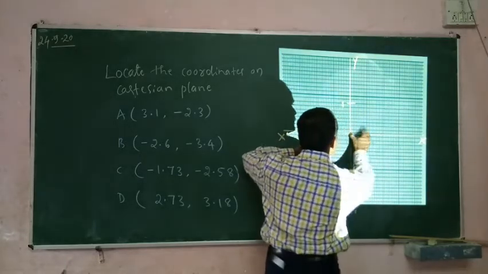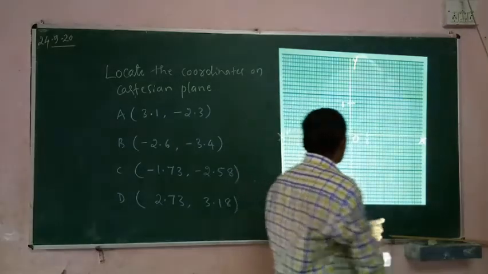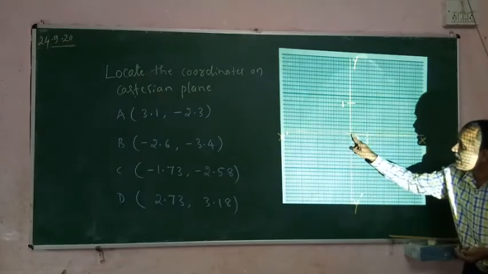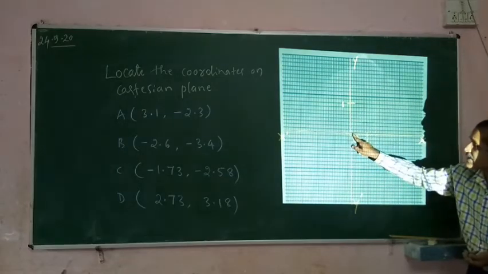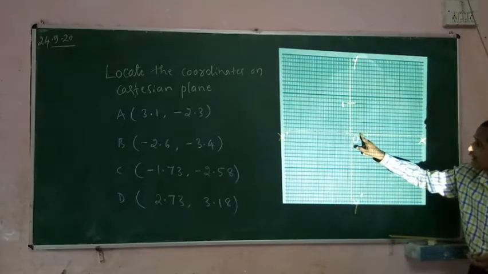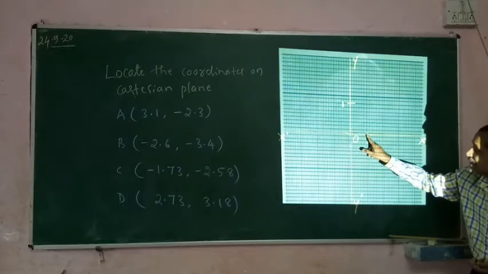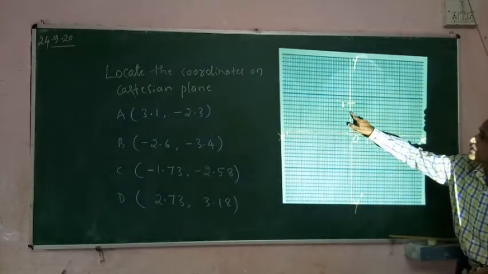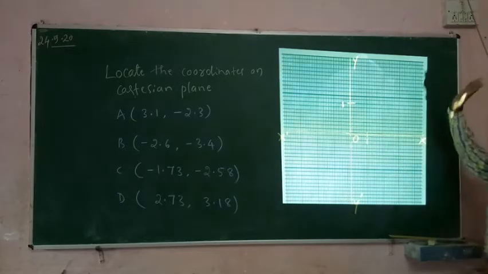In between these, there are 10 sublines: 1, 2, 3, 4, 5, 6, 7, 8, 9, 10. Here also 1, 2, 3, 4, 5, 6, 7, 8, 9, 10.